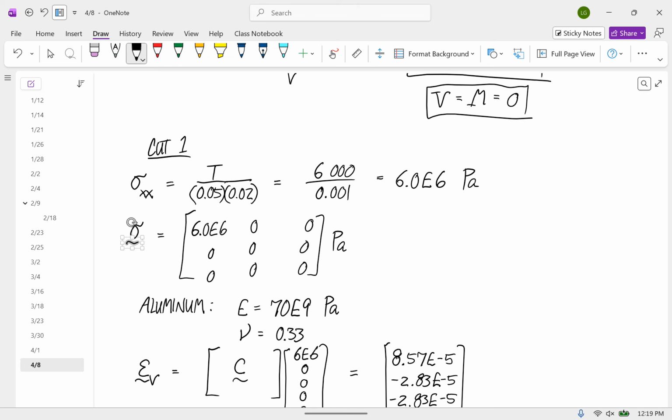So for every X value inside that cut, that makes sense because the internal tension compression is the same everywhere inside that cut. But I'm also using this to represent every point along the cross section inside that cut. Does that make sense? That I would have the same stress and strain for every point along the cross section? Yeah, because there's no bending moment.